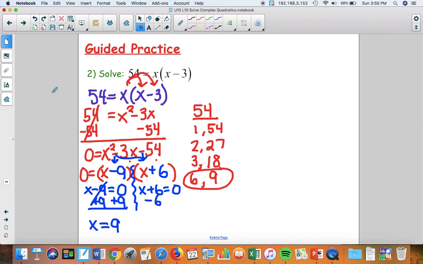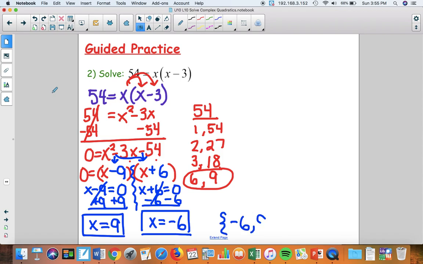And here we subtract 6, and we get x equals negative 6. So here is our answer for this one. Now you might see your answers written like that. You might also see your answers written in curly brackets. Both of these are correct ways of writing your answer.